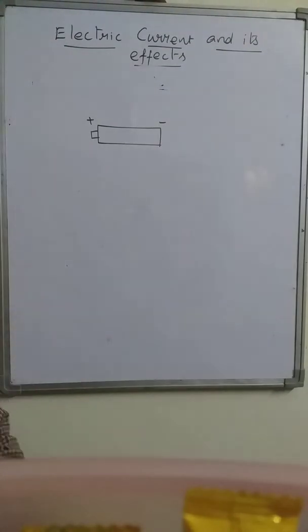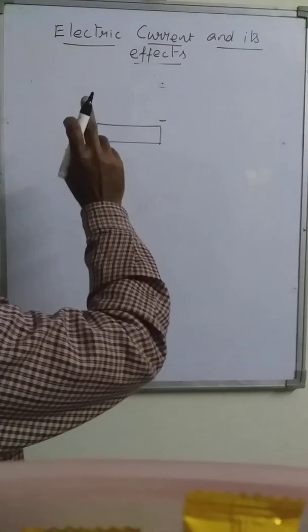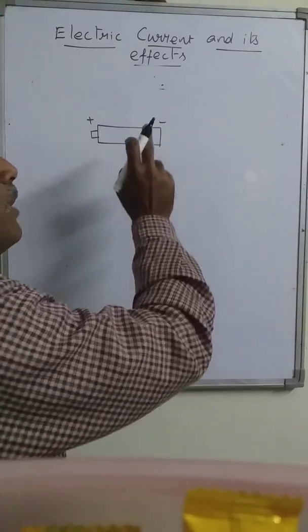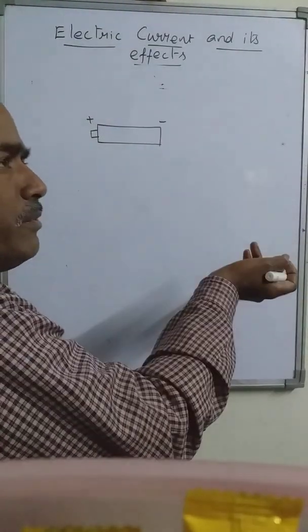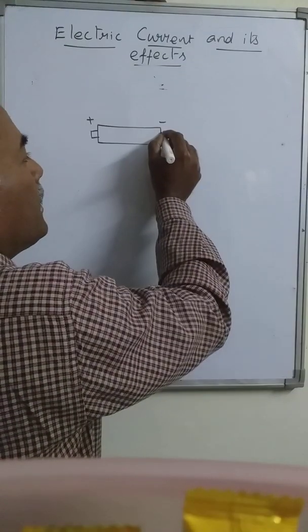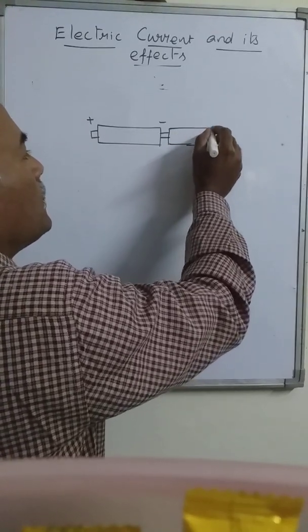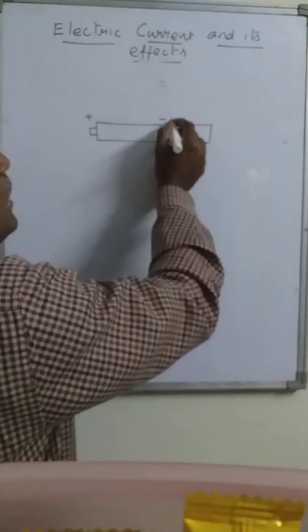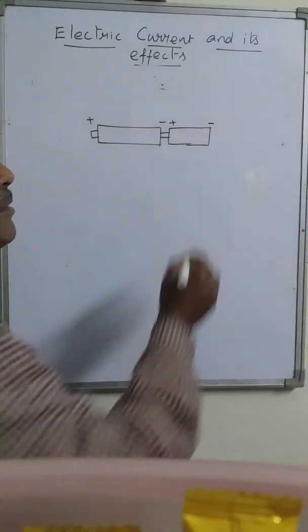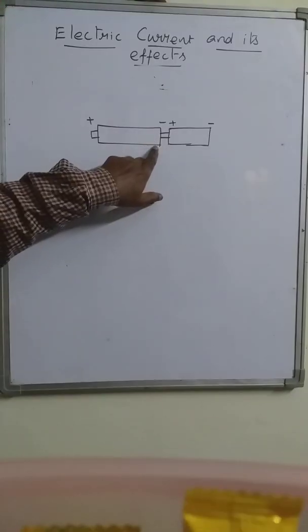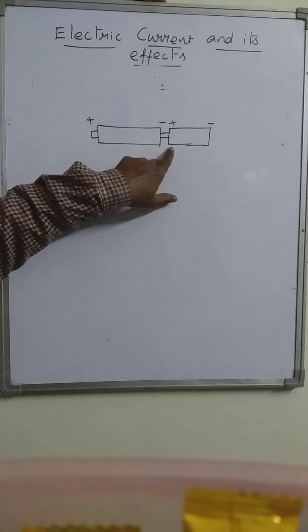To make the battery, the negative terminal of one cell should be joined with the positive terminal of another cell. Here the second cell is joined. Positive, negative. Now the negative of the first cell is joined with the positive of the second cell.